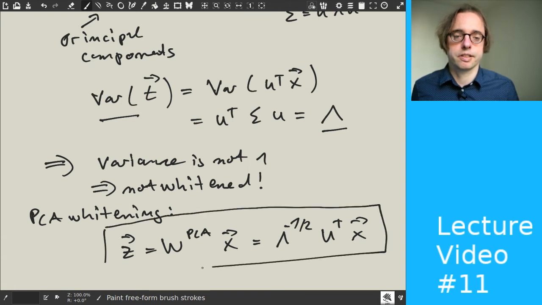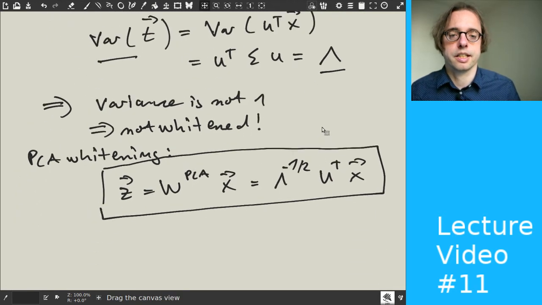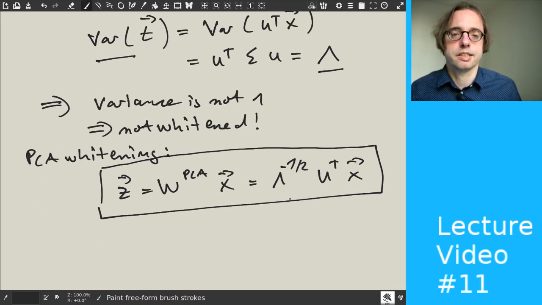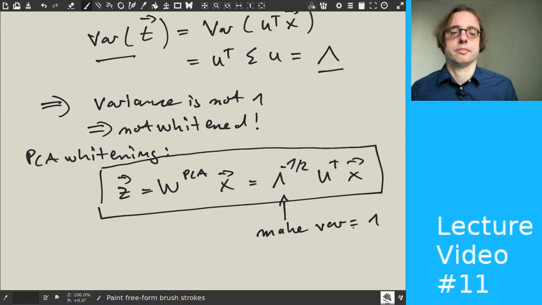The difference here is that PCA whitening standardizes, so it makes the variance equal to 1. So we divide by the variance, and the variance is given by the eigenvalues. So this is the only difference.